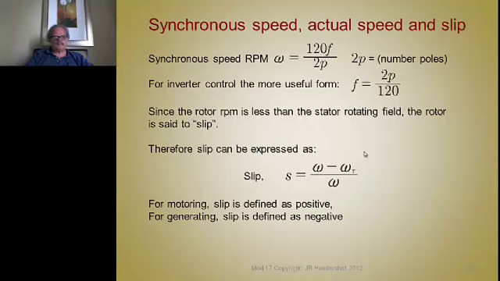Therefore, slip can be expressed as the stator RPM minus the actual rotor RPM, divided by the stator RPM. For motoring, this will be a positive number. For generating, this will be a negative number.